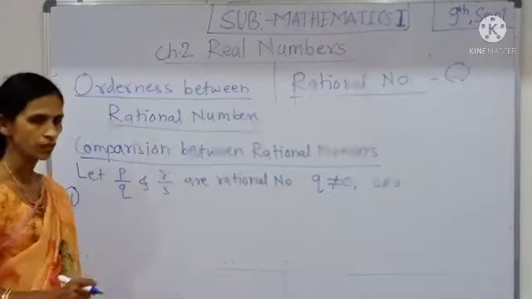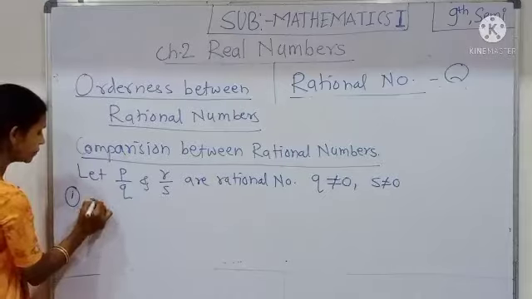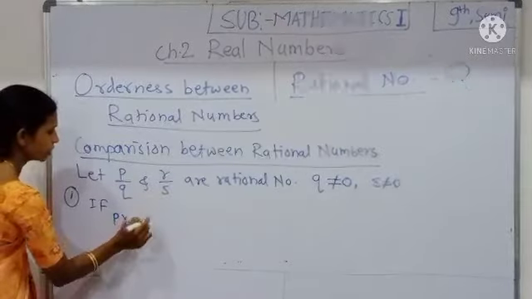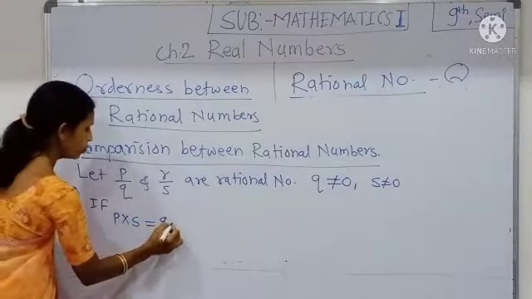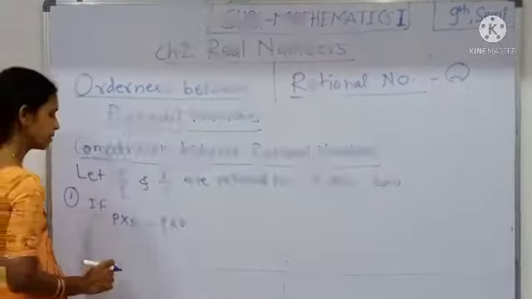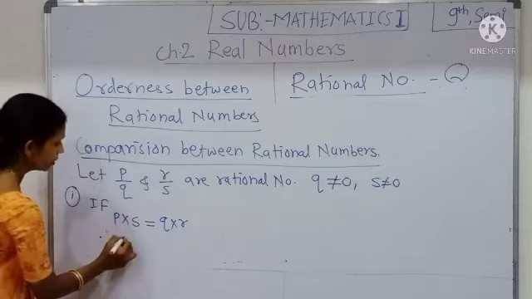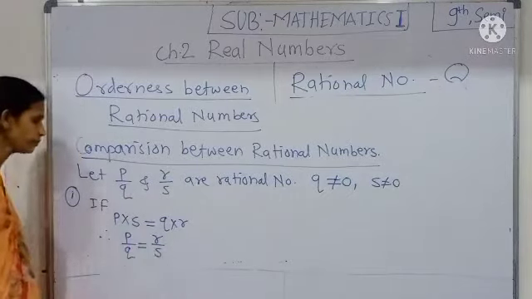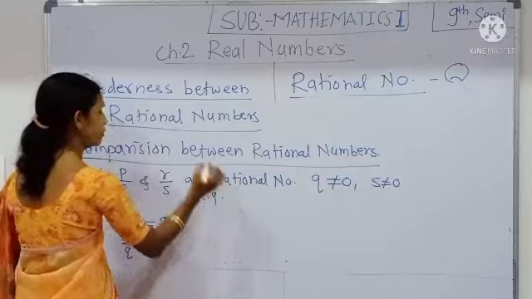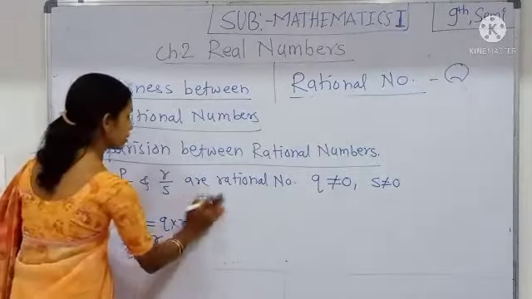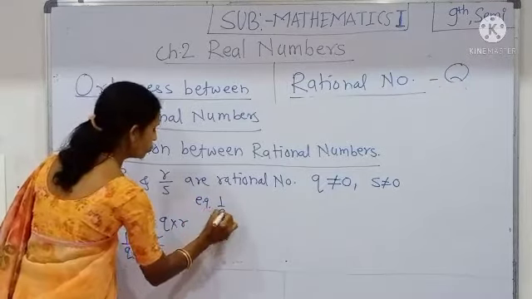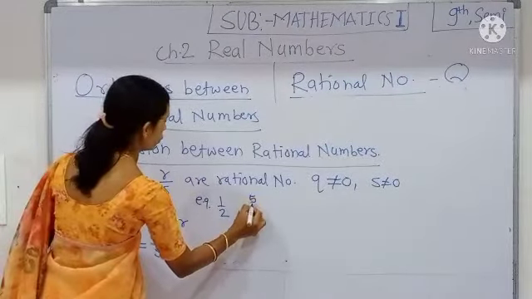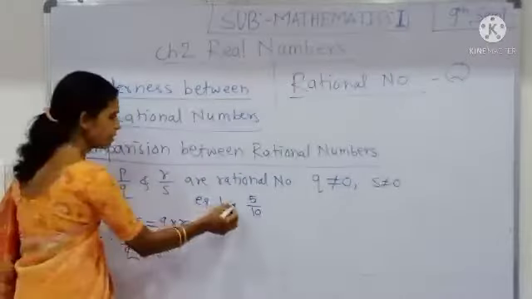First one, that is if P into S is equal to Q into R, then P upon Q is equal to R upon S. For example, 1 upon 2 is one rational number, and 5 upon 10 is another rational number.